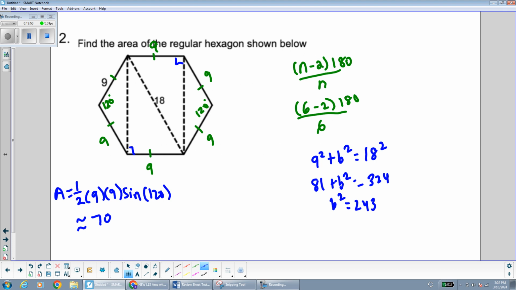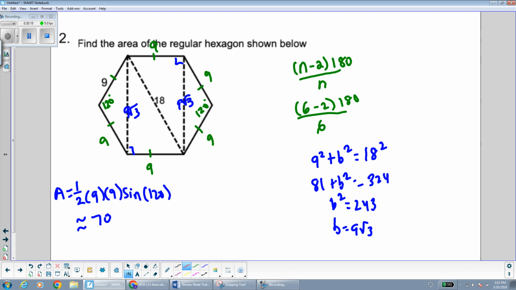Feel free to use your calculator to do so. In simplest radical form, that would be 9 radical 3. B is equal to 9 radical 3. So here's 9 radical 3, and here's 9 radical 3. Now we can find the area of these triangles because we have the base and the height.